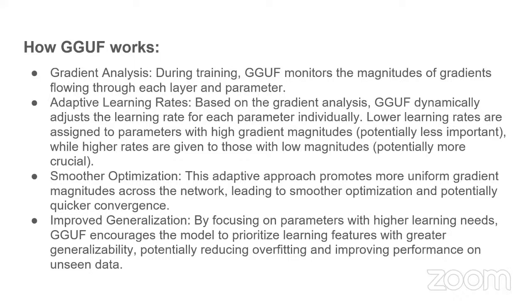This is because it might not need as much adjustment. Conversely, parameters with low gradient magnitudes indicate that they need more attention, so they will have a higher learning rate. This will help them learn faster.